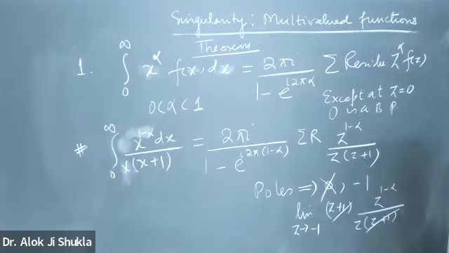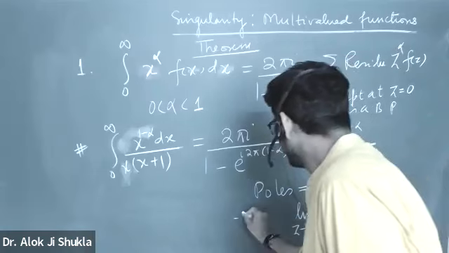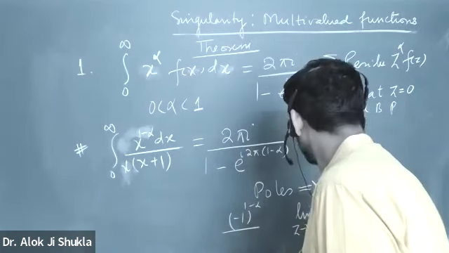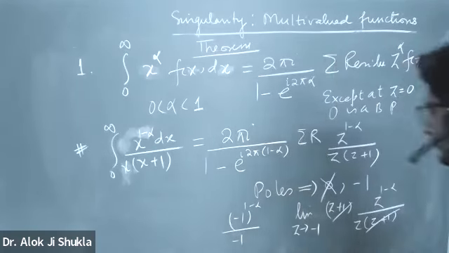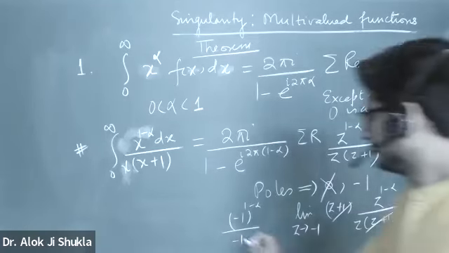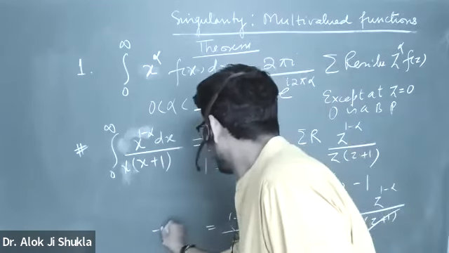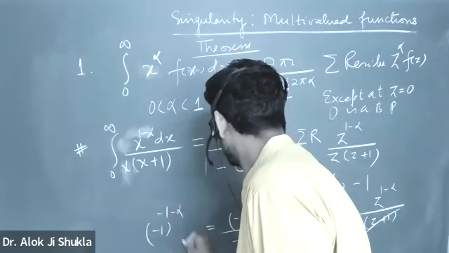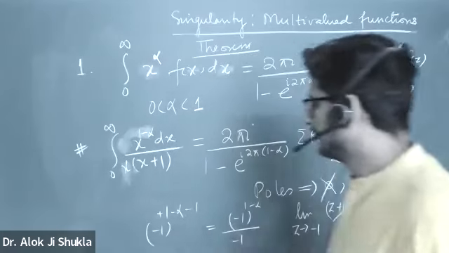So what will we have? Minus 1 to the power 1 minus alpha upon minus 1. Yes or no? Which is minus 1 times minus 1 to the power minus alpha, sorry, plus 1 minus alpha.